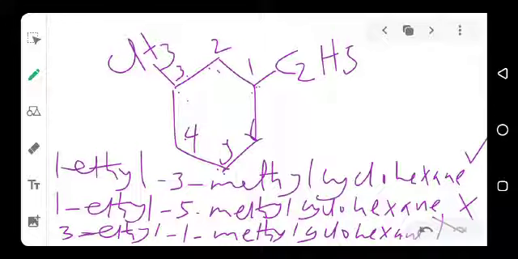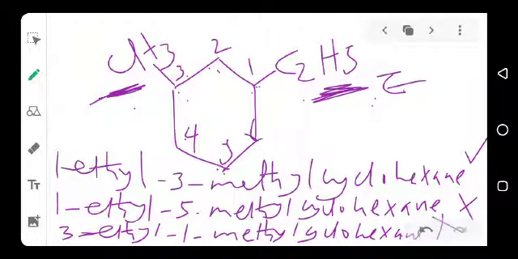This one has two substituents. This is an ethyl group, and this is a methyl group. Ethyl E and this one methyl M. We should number them alphabetically. So in the alphabet, E comes before M.